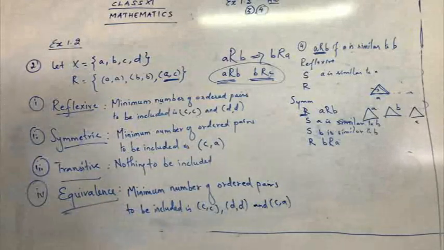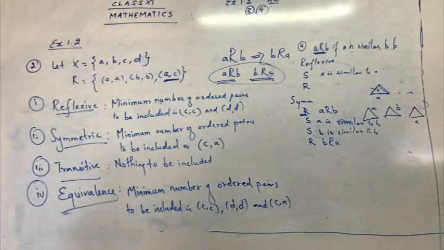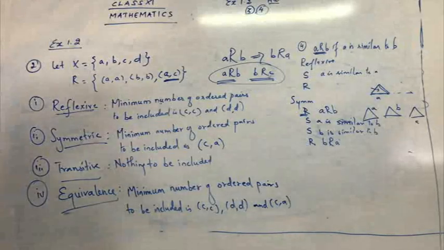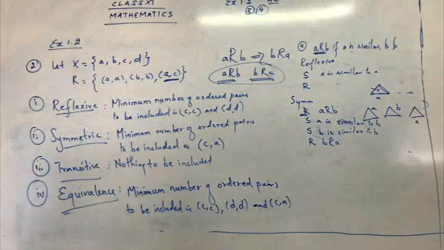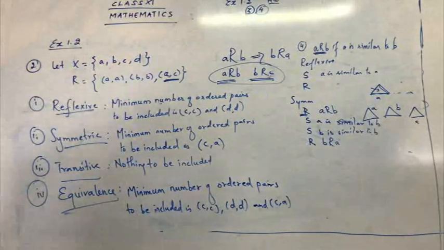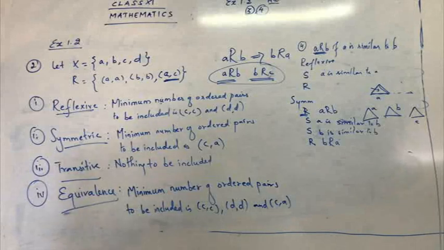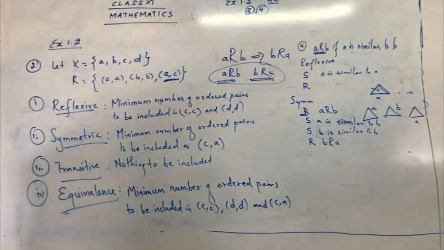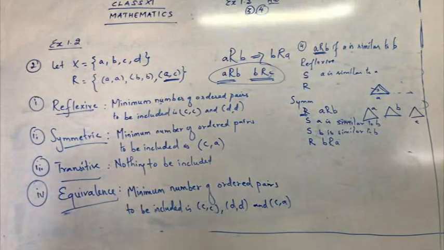So take down sum number 5, copy the question. On the set of natural numbers, let R be the relation defined by A related to B if 2A plus 3B is equal to 30.